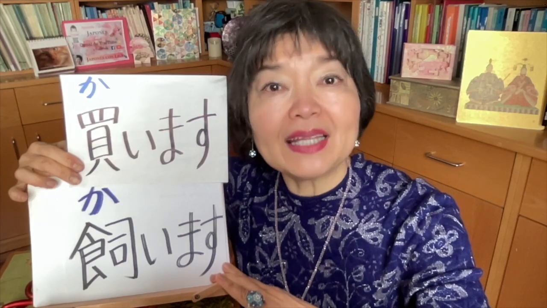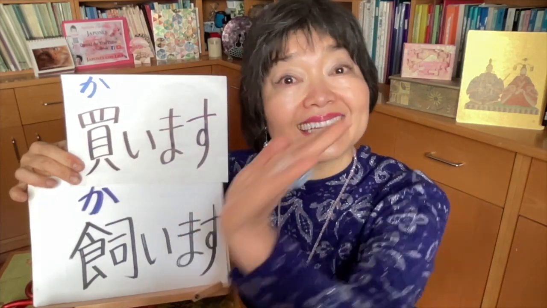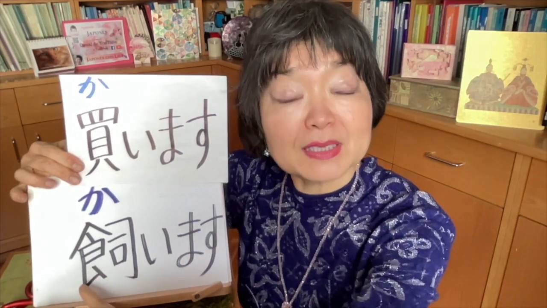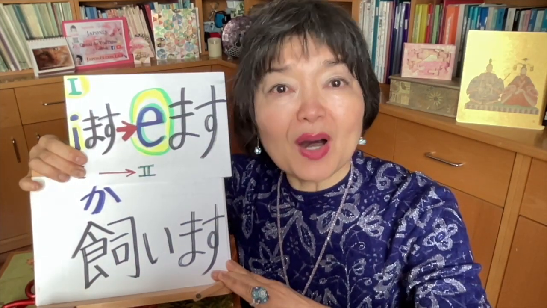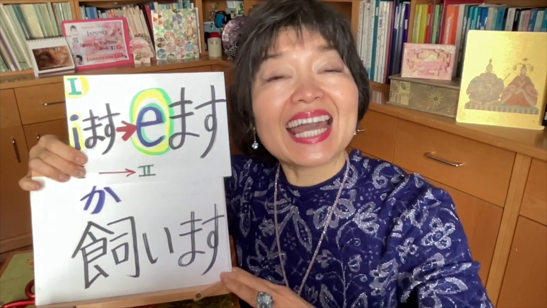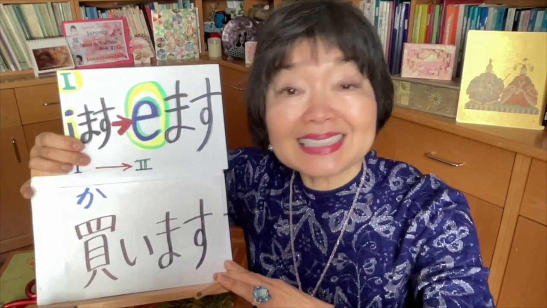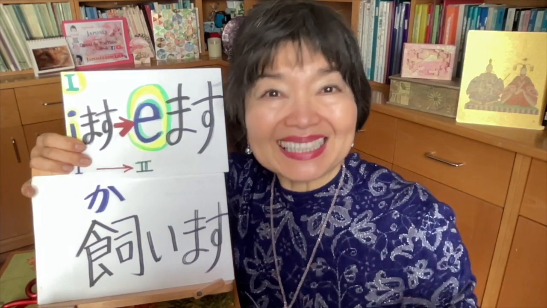And in te form and ta form, also the intonation differs: katte, to buy, katta, and to have some animals as a pet, katte, katta. The potential form of kaimasu is kaemasu. So the potential masu form has the same intonation. Kaemasu, I can buy. Kaemasu, I can have a pet.